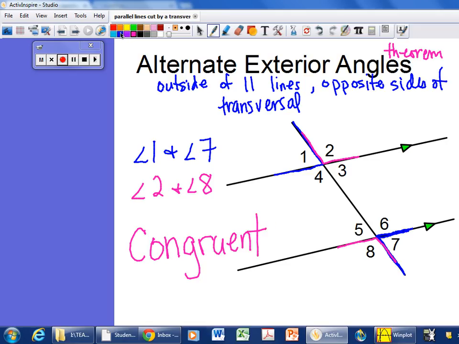Okay, so once again as an example, if angle 1 were 60 degrees, that means angle 7 would also be 60 degrees. And thus, angle 2 would be 120 degrees, and so would angle 8 be 120 degrees. So whatever these ones are, their opposite outside is also the same.